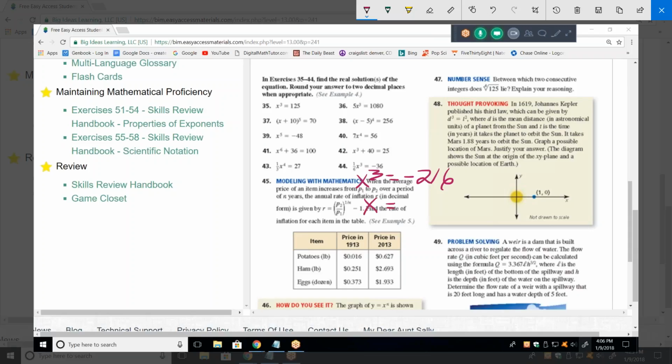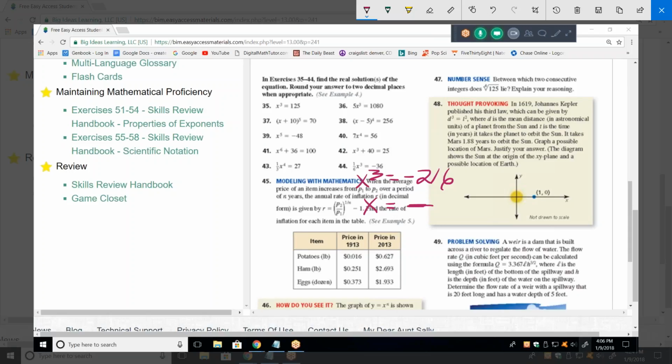X equals 6. Yeah. Plus what? Plus or minus 6. No. Do it on your calculator. What's your calculator give you? Oh, hold on. I didn't put in the negative. Negative 216. It's negative 6.